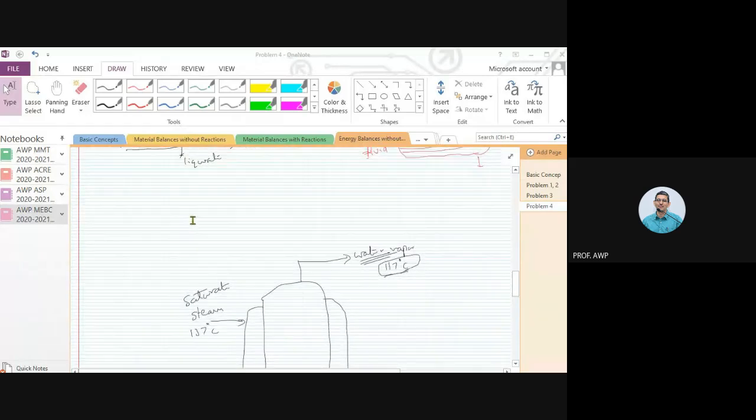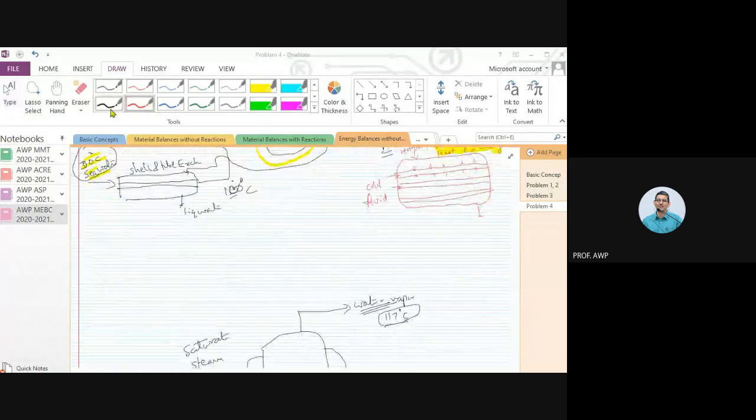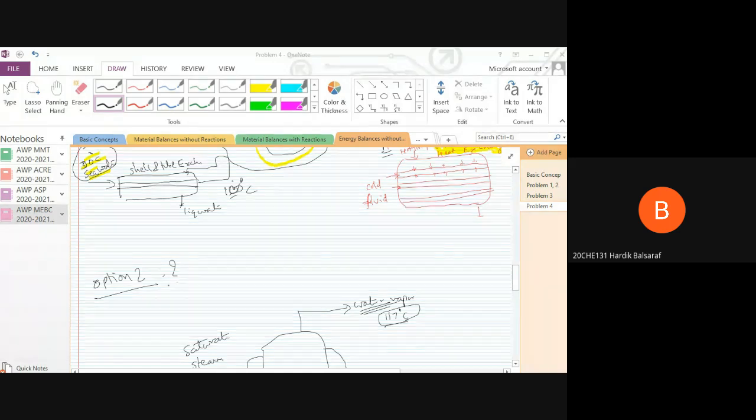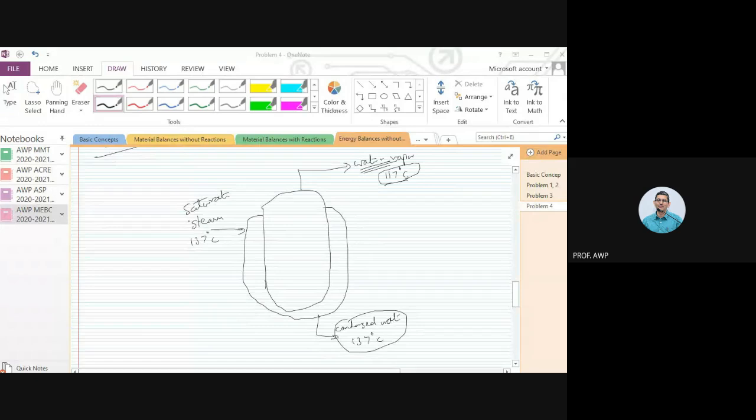Can anybody think of any other option? So reduce the pressure. Where? Sir, on the steam stream, sir. Reduce the pressure of this steam?